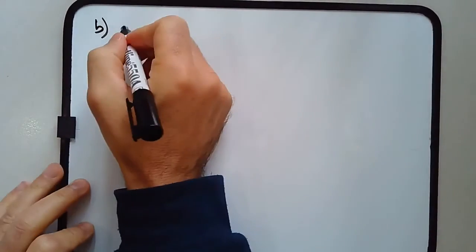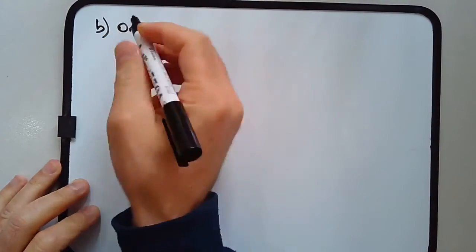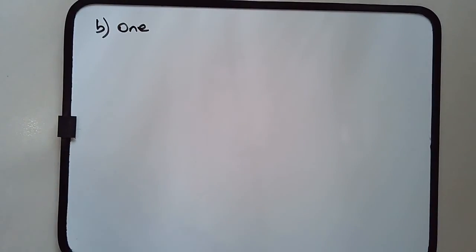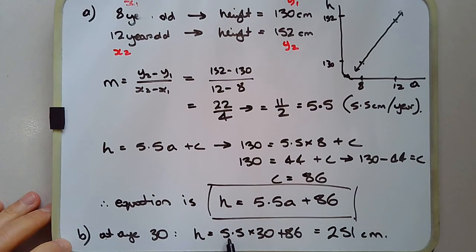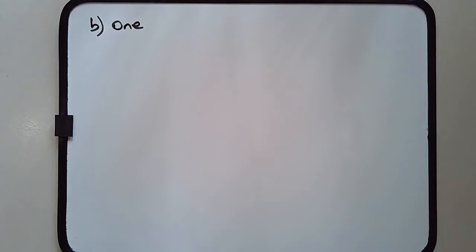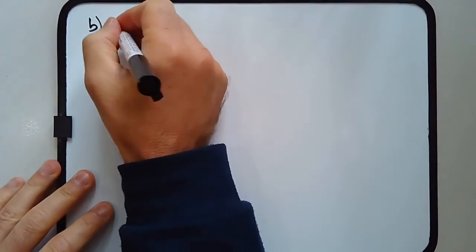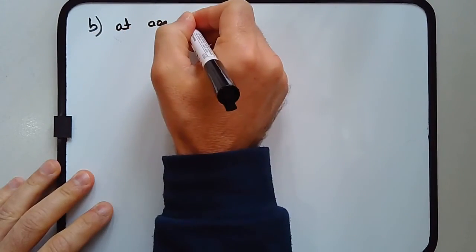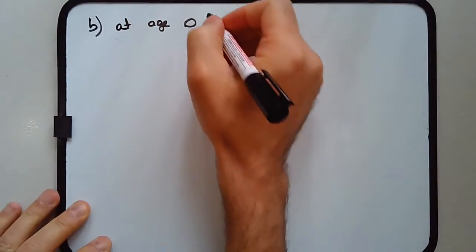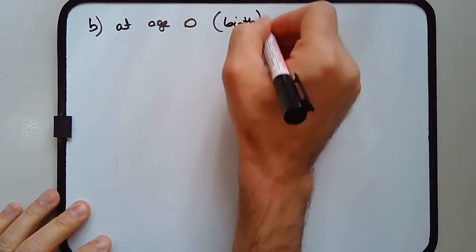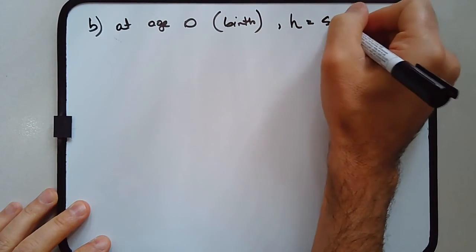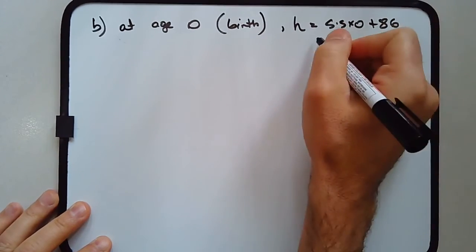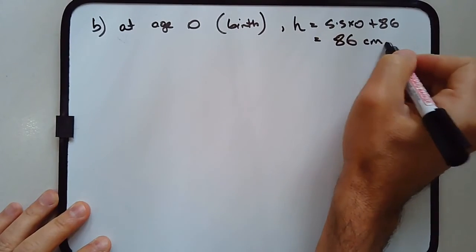To continue answering the question, I'm continuing on from the last board because I've just run out of space. So at age 30, height is equal to 5.5 times 30 plus 86, which equals 251. Now at age 0, from birth, their height is 5.5 times 0 plus 86, which is equal to 86 centimeters.